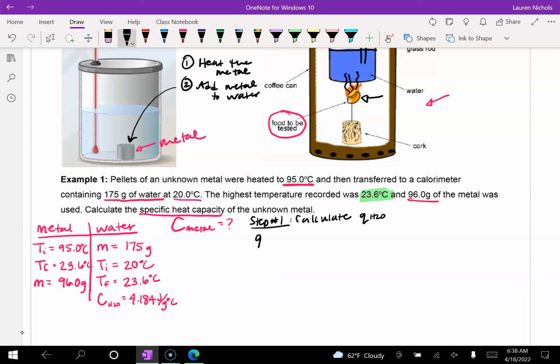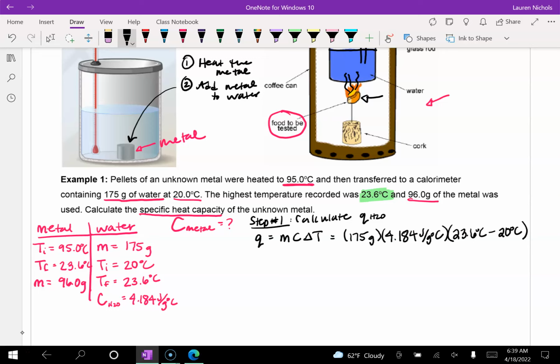So we know that Q is equal to mc delta T. So we know that the mass of our water is 175 grams. We know that our specific heat of water is 4.184 joules per gram degrees Celsius, and that the change in temperature is 23.6 degrees Celsius minus 20 degrees Celsius.